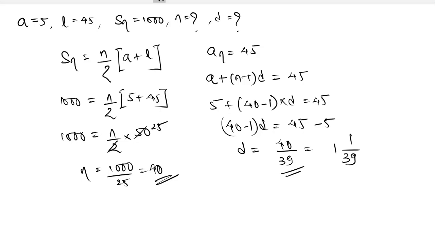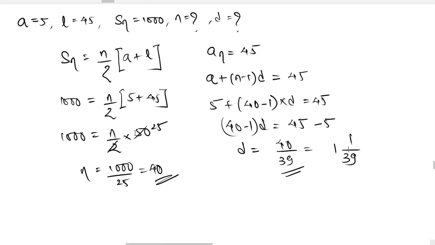Here also I've not made any mistakes. 25 fours are 100 and 0. Perfect it is. So n by 2 a plus l seems okay. d is 40 by 39. Possibly, little greater than 1.